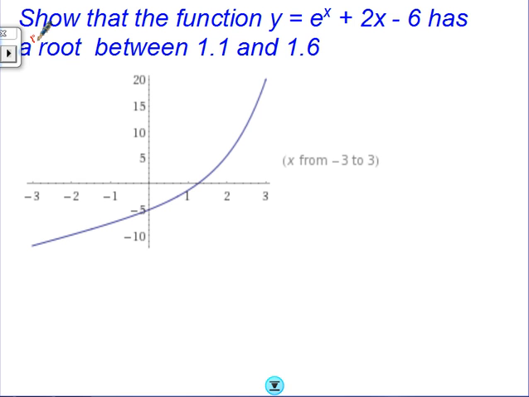The question says show, so it's some kind of argument, some kind of proof, that the function, this is the function we've got a graph of here conveniently, has a root between 1.1 and 1.6. Okay. So there's 1, so 1.1 is somewhere in here. And 2, 4, 6, so we're in there.